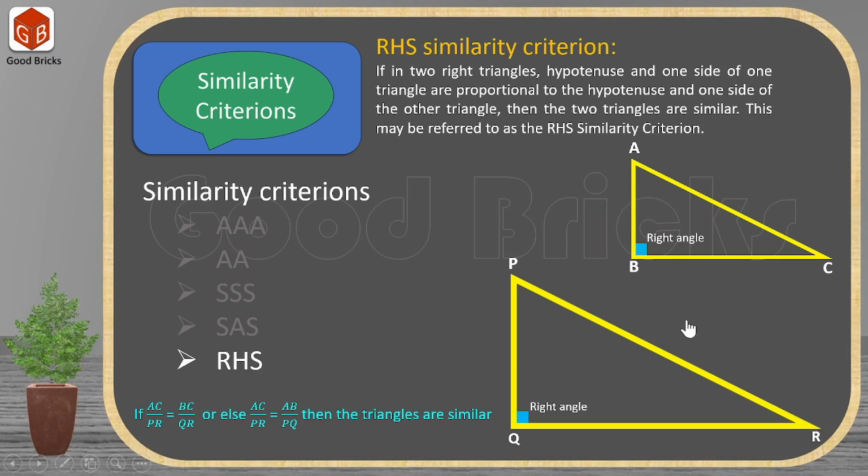It means if AC by PR is equal to BC by QR, or else AC by PR is equal to AB by PQ. If any one of these conditions is true, then we can say these two triangles are similar.